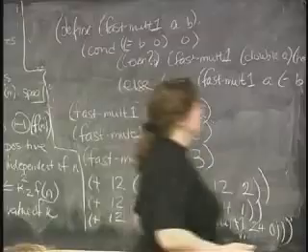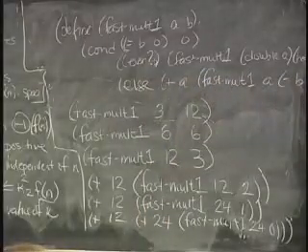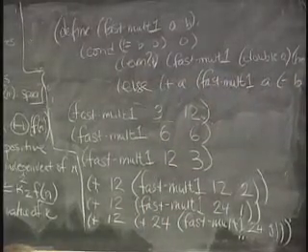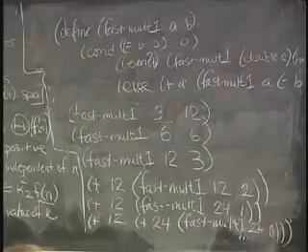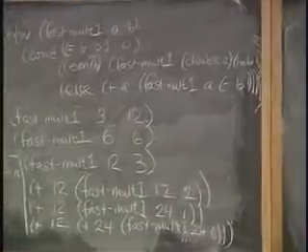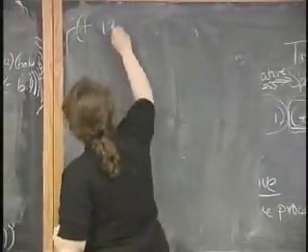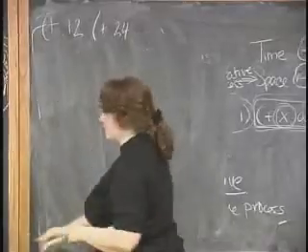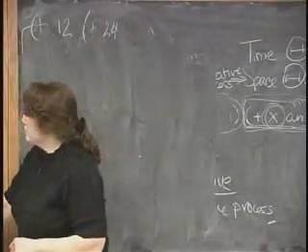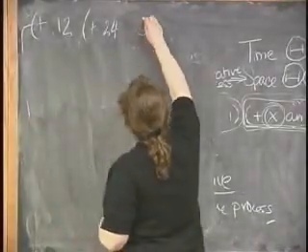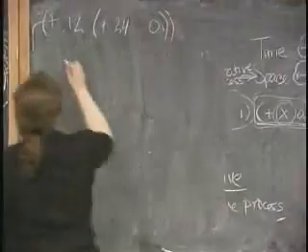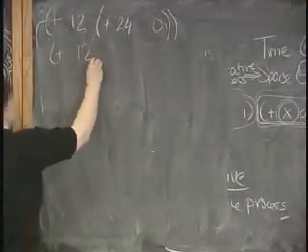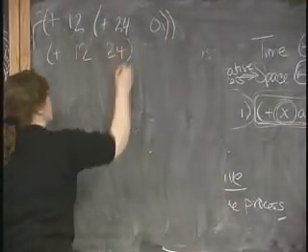Space. So now we have plus 12 plus 24. B is now 0. Return 0. So we have plus 12, 24, 36.